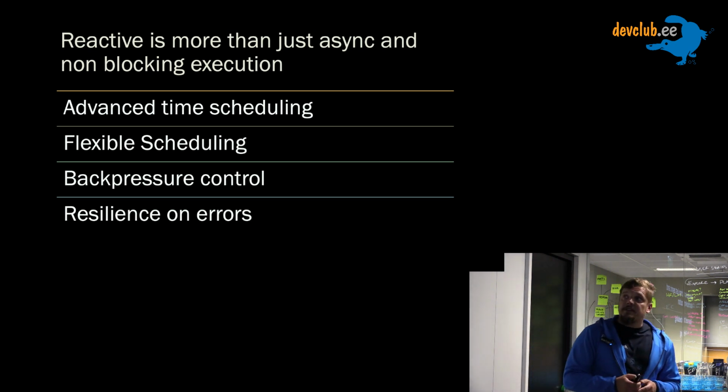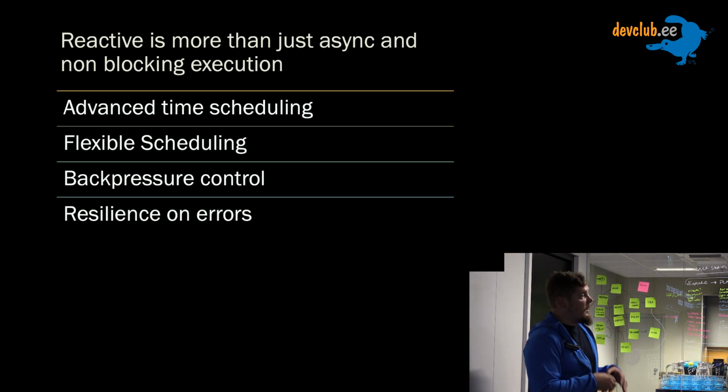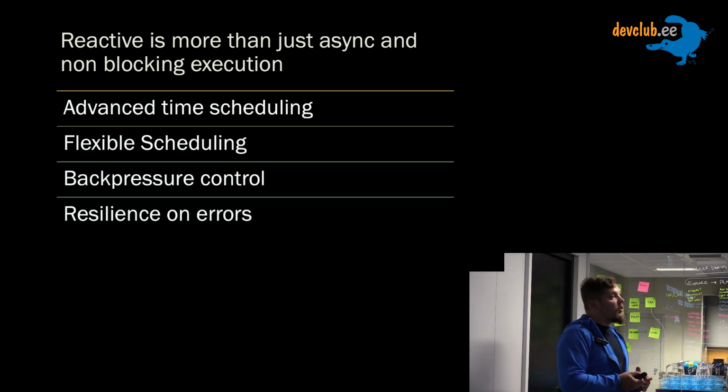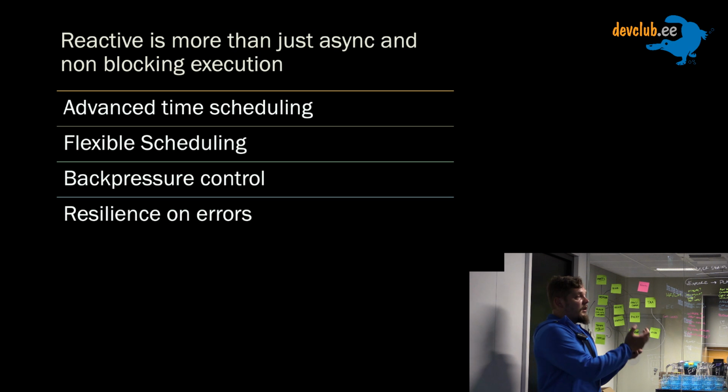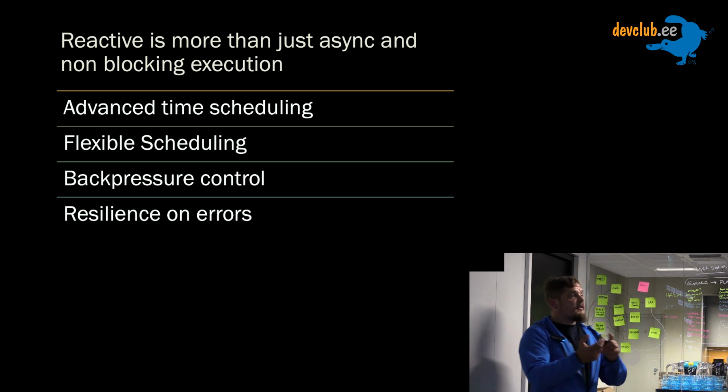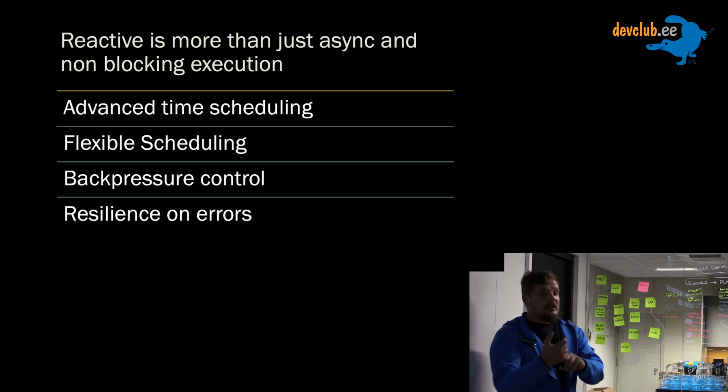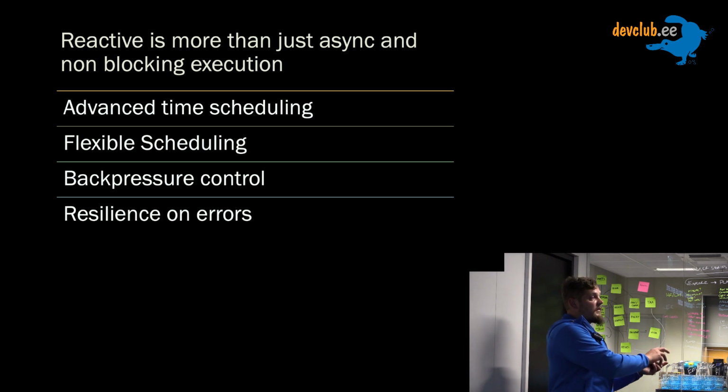But actually reactive is more than asynchronous execution and non-blocking processing, because there is quite advanced and flexible time scheduling. What does it mean? For example, if we have units of work which should be executed once in 10 seconds, another one once in a minute, another one once in a day, maybe some BI once in some hours.